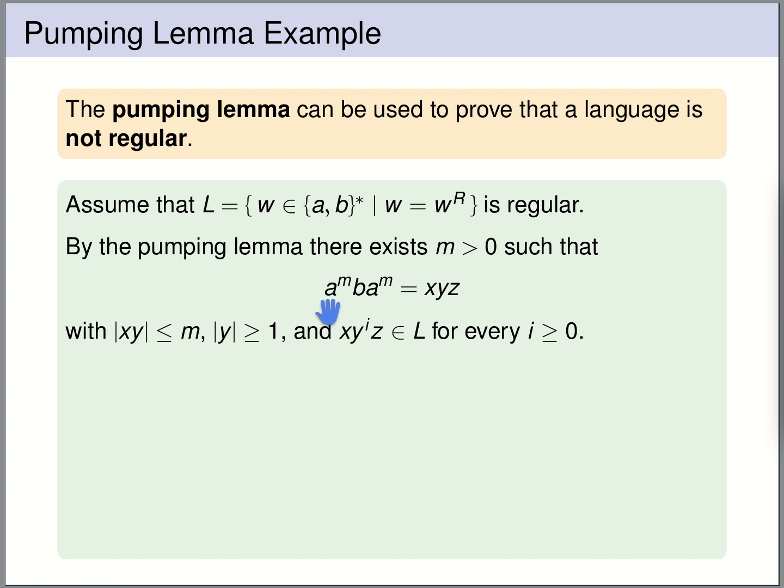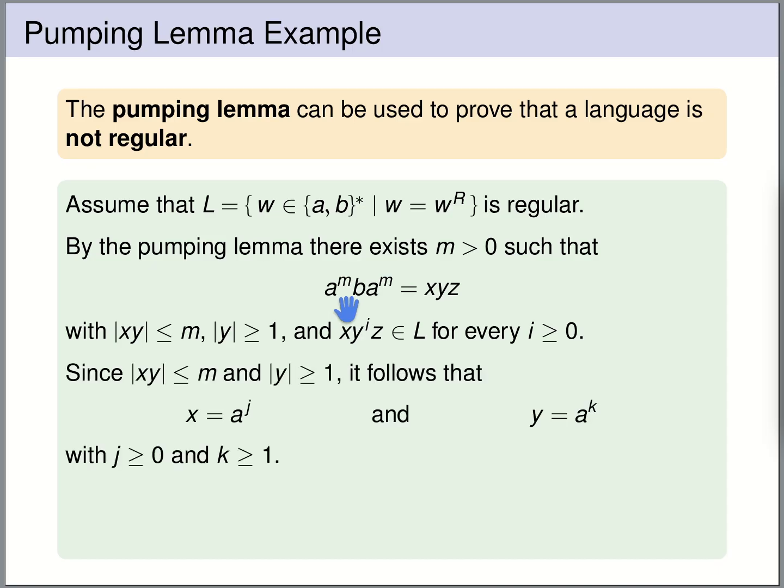So x, y form a prefix of this word. They have at most length m. But that means that x and y must fall in this initial part that only consists of a's. So we may conclude that x only consists of a's, y only consists of a's because they are in this initial part of m a's, and we know that y is non-empty, so y consists of at least one a.